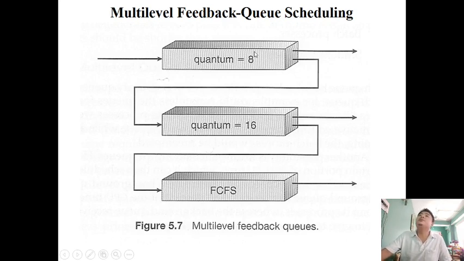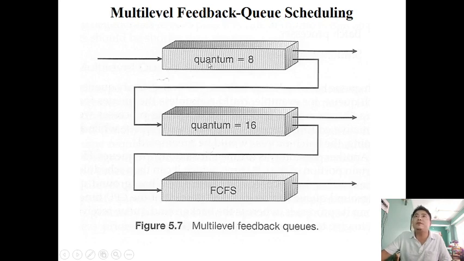If the process cannot be completed within the given 8 units of time quantum, it will assume that the process is going to take longer to execute completely, so it will be shifted from this queue to the next queue.